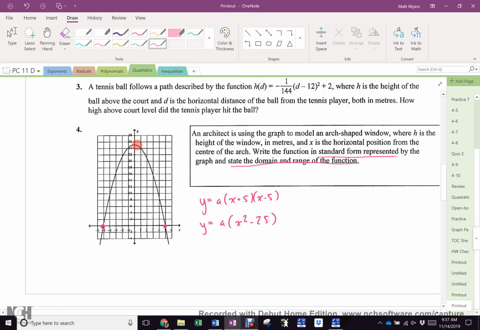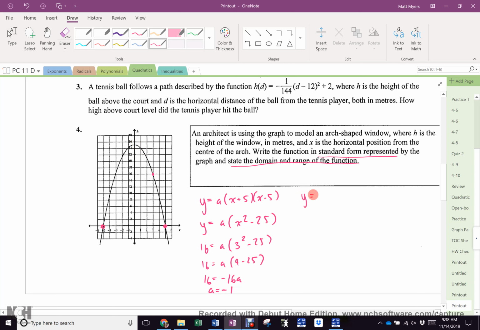So I'm going to keep sliding until I find another point. That one looks good: 3 and 16. So I'm going to go 16 equals a times (3 squared minus 25). 16 equals a times (9 minus 25). 16 equals negative 16a. A equals negative 1. And that's what we thought up here anyway.